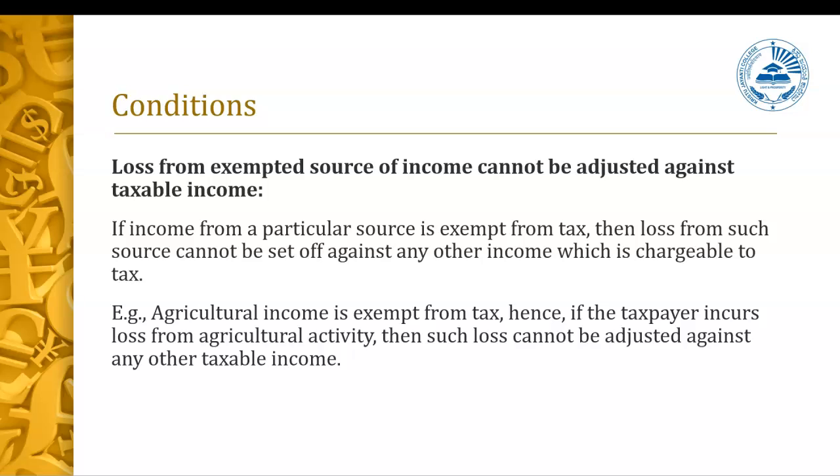In such cases, any loss arising in that particular head cannot be adjusted against any taxable income. One example is agricultural income. Agricultural income is exempted from tax. Hence, if the taxpayer incurs any loss from agricultural activity, then such loss cannot be adjusted against any other taxable income. This first condition has to be understood. This is common for set-off and carry-forward.